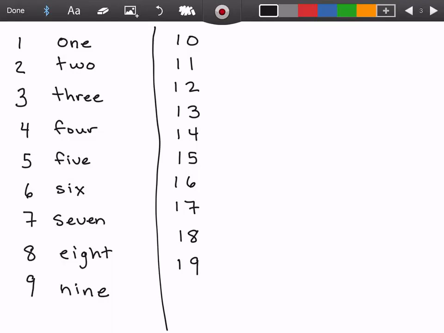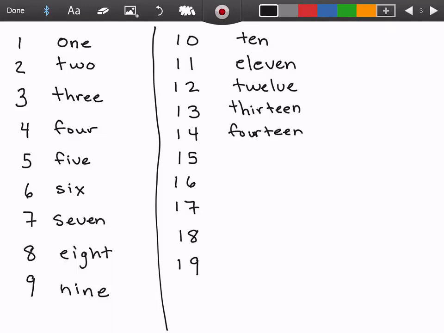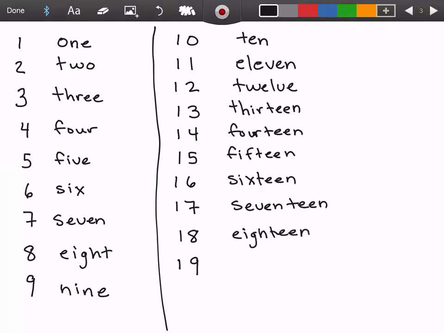So we'd write this as 10, 11, 12, 13, 14, 15, 16, 17, 18, and 19.